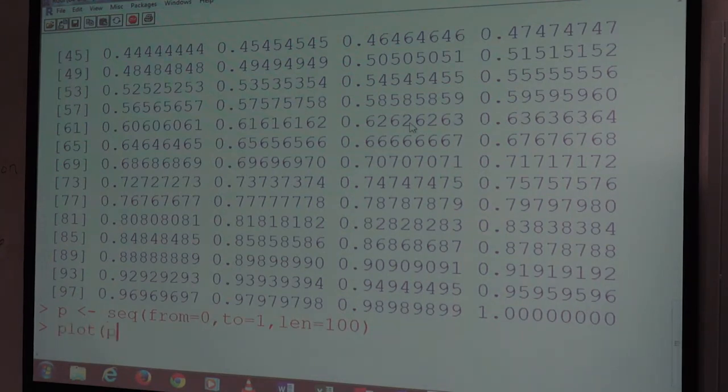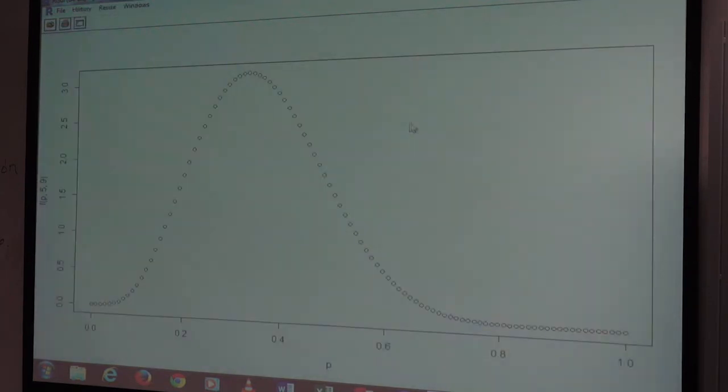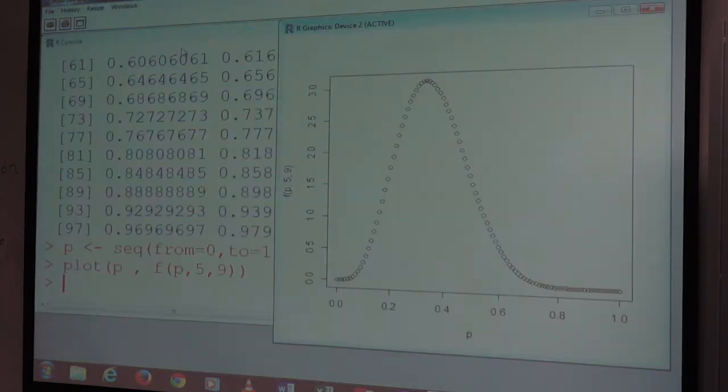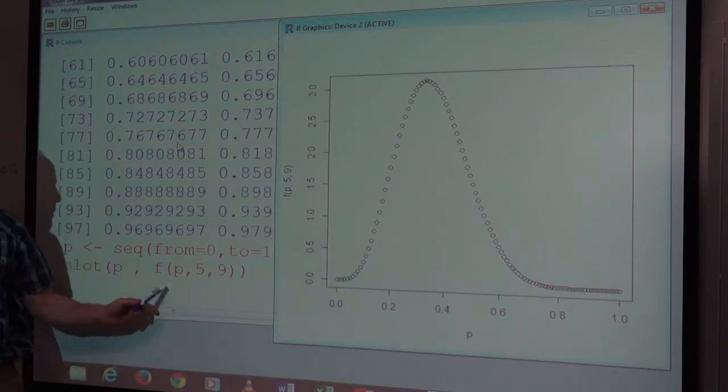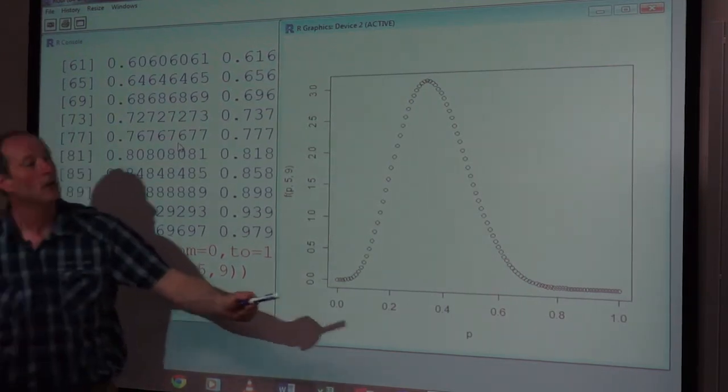Plot p, comma, f of p, let's try 5 and 9. All right, so I've just chosen 5 and 9. That's alpha and that's beta. This is my function f, which I've defined just like this.